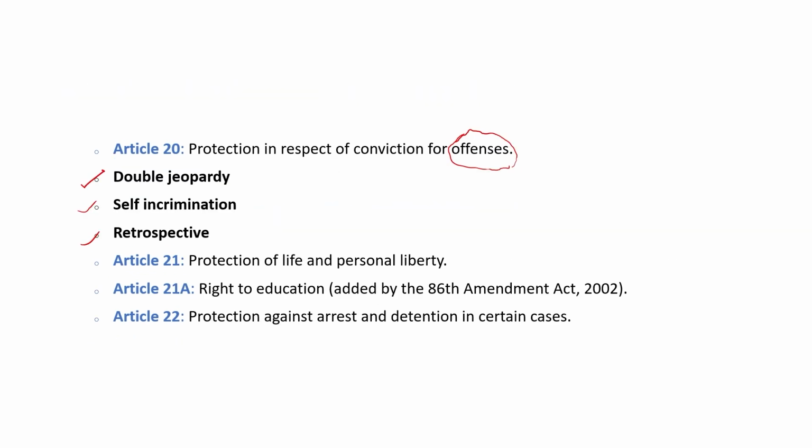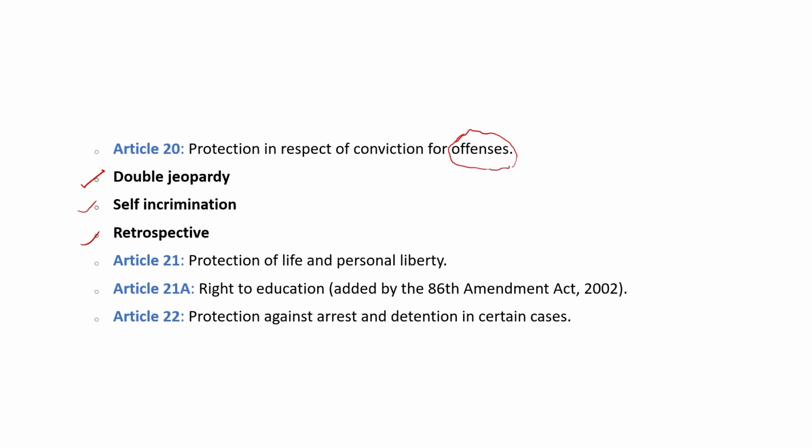What is double jeopardy? Double jeopardy means if a person commits a crime, then he can be punished only one time for that crime. Let's suppose a person slapped another person, and the punishment according to the IPC for a slap is 6 months.